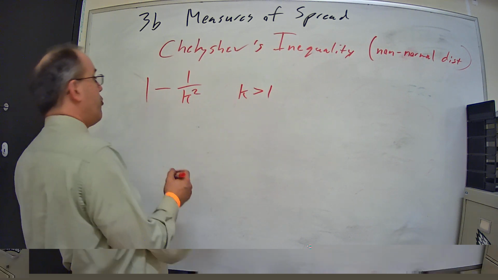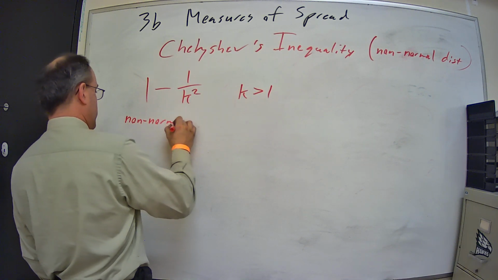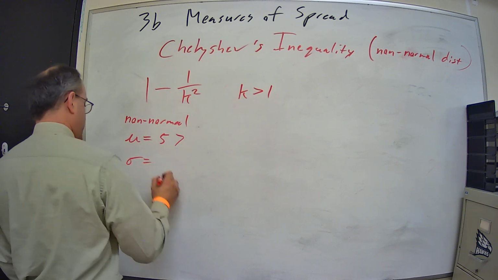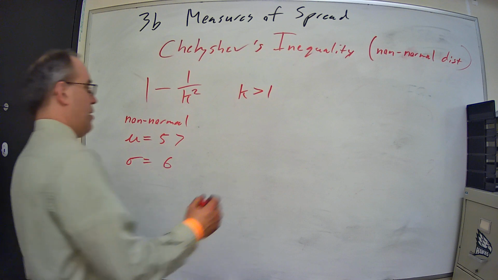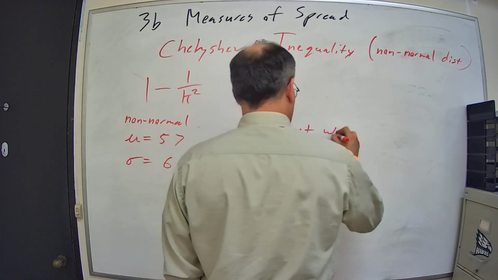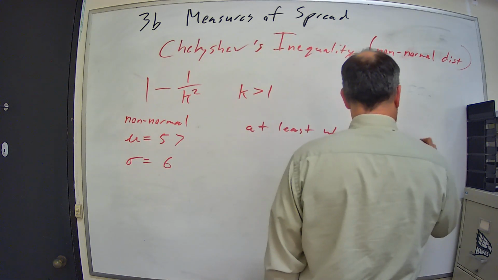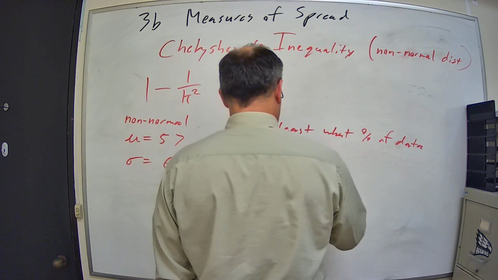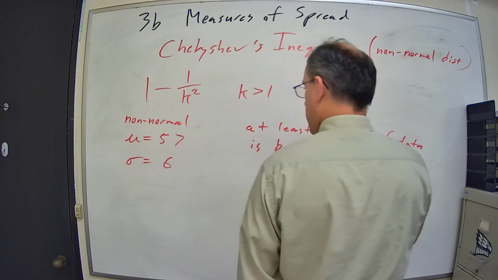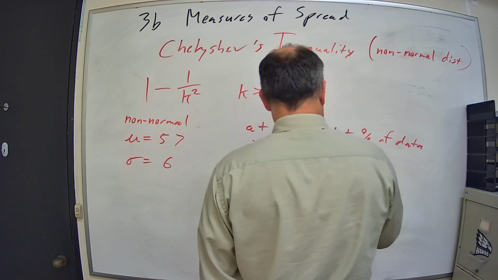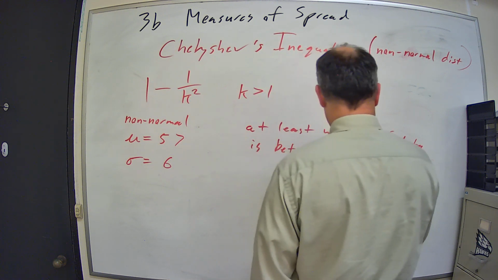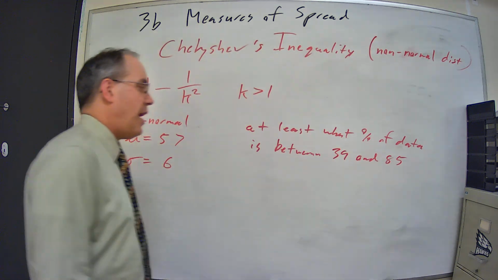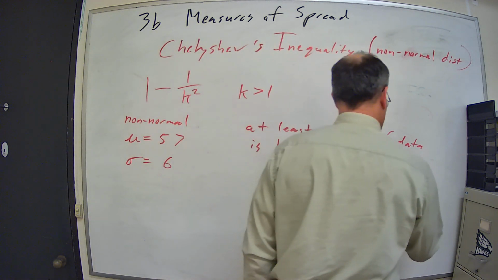Say, what if we have a non-normal distribution with a mean of 57 and a standard deviation of 6, at least what percentage of data is between 39 and 85?